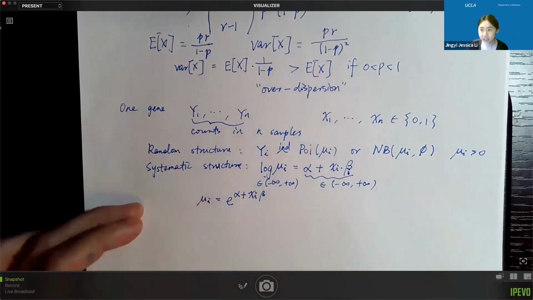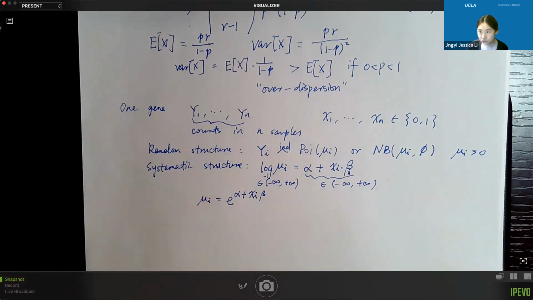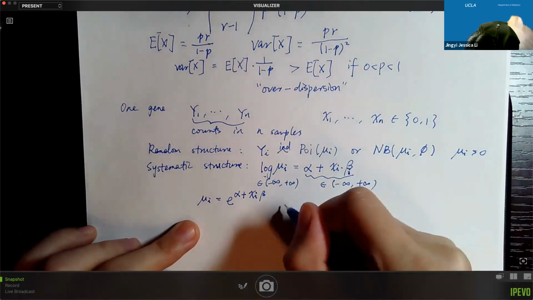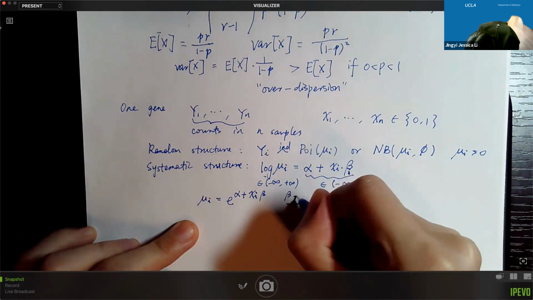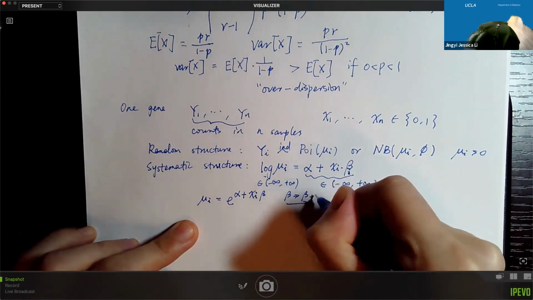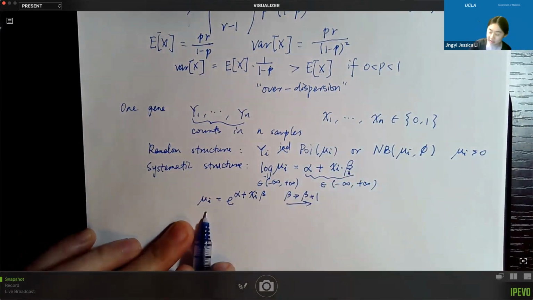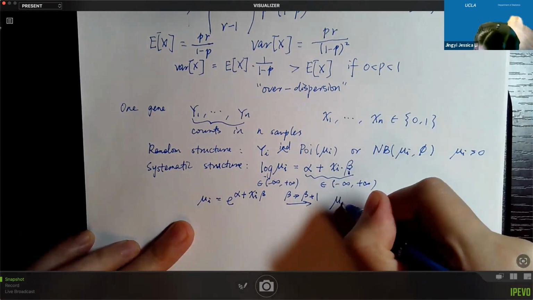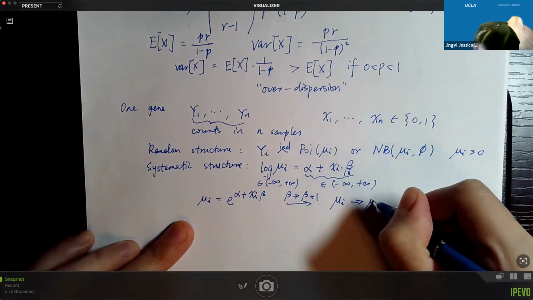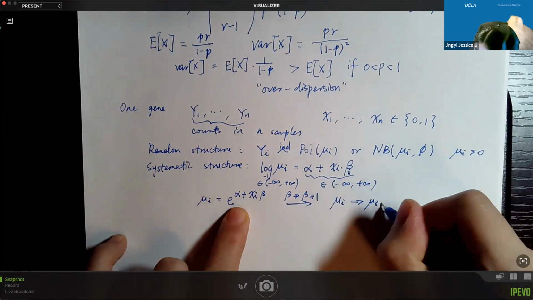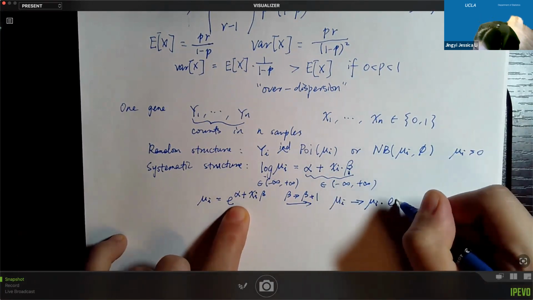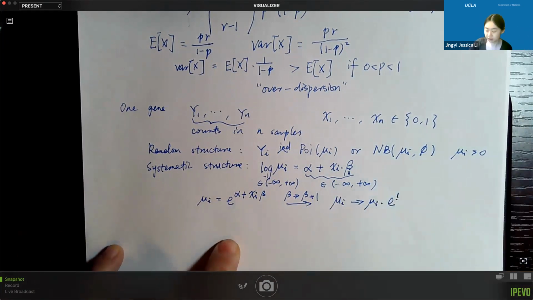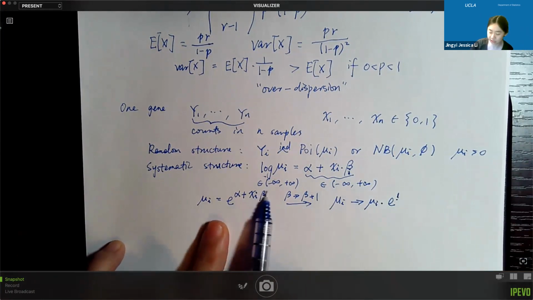If I enlarge beta by 1 unit, mu i will be changed to the original mu i times exponential 1, because the beta plus 1 goes into the exponential.